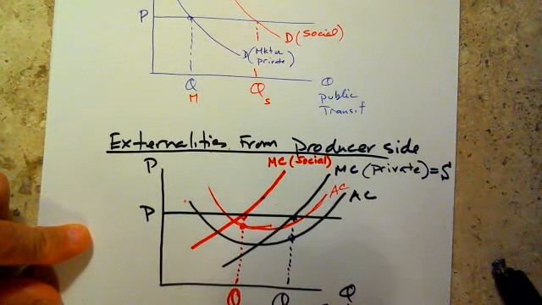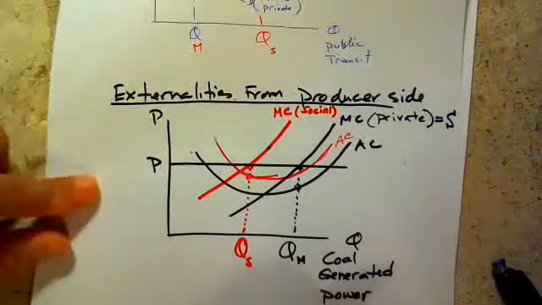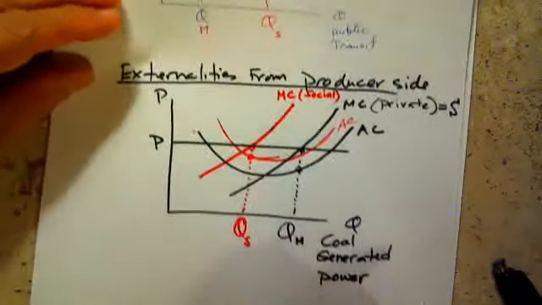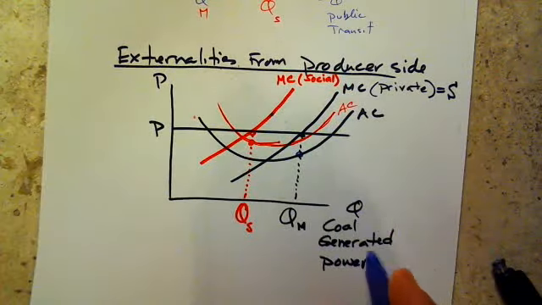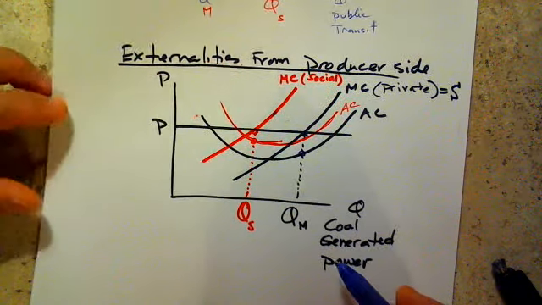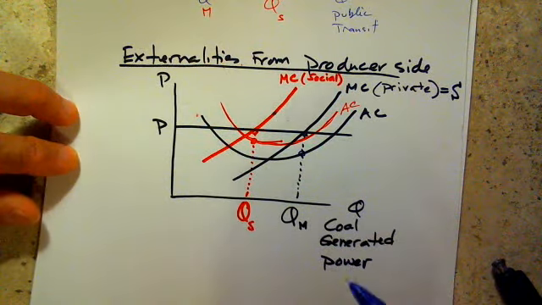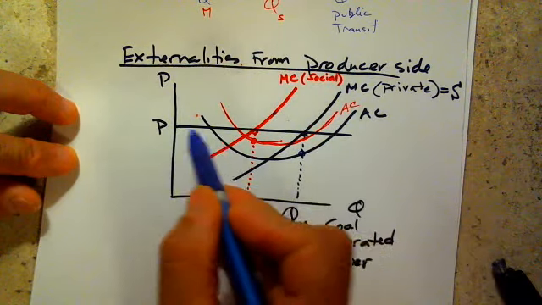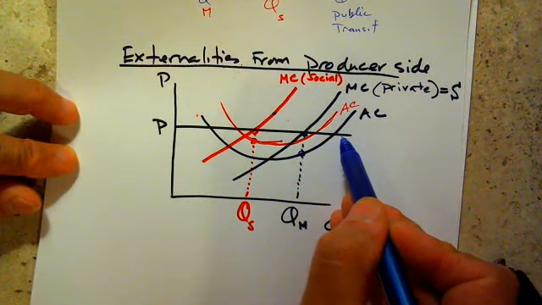There is, let's say, coal generated power, and here we have the price, and there's a market price for this product.